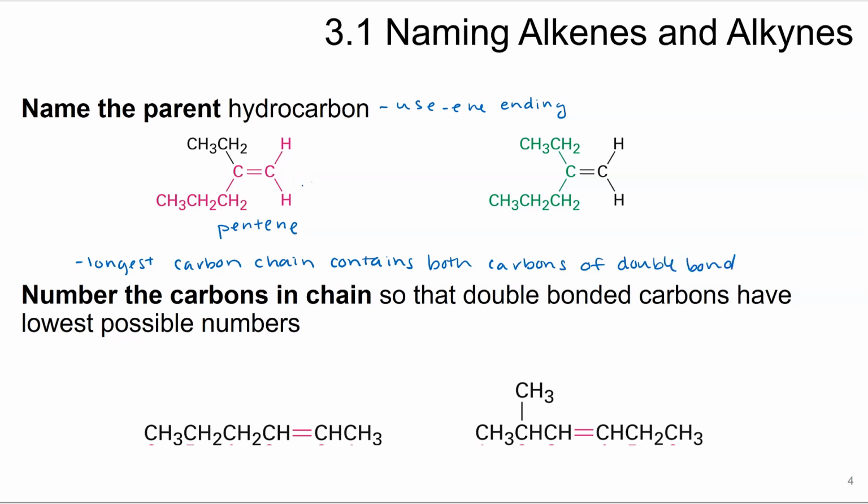So both of these structures are the same. This one is named as pentene because it's 1, 2, 3, 4, 5 carbons, and both of those carbons in the double bond are contained there. This one has a 6-carbon longest chain, which you think would make sense as the longest carbon chain, but both of the carbons in the double bond are not contained, so this would not be a hexene.